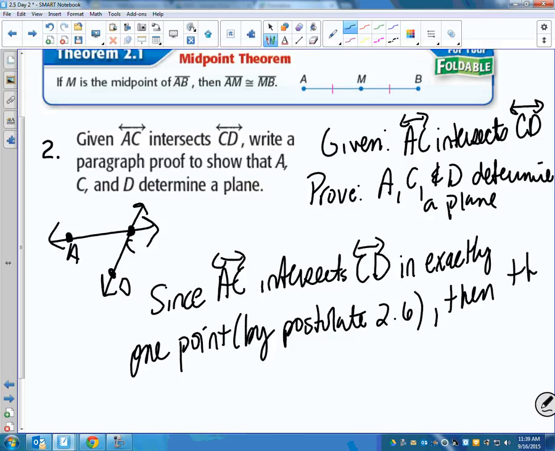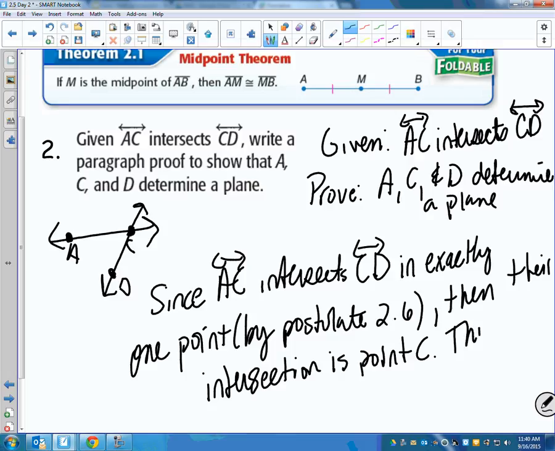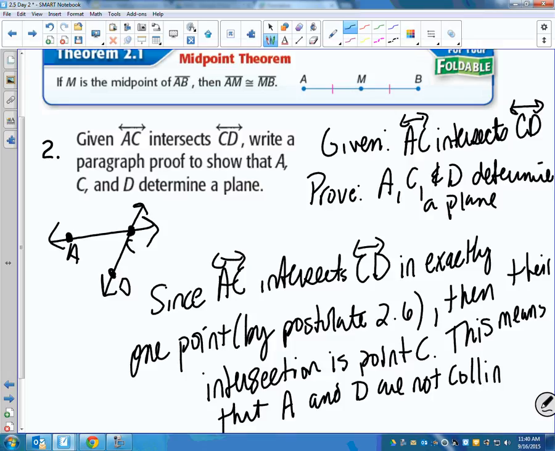Then their intersection is point C. This means that A and D are not collinear. Non-collinear, maybe I should say that, but that's okay.